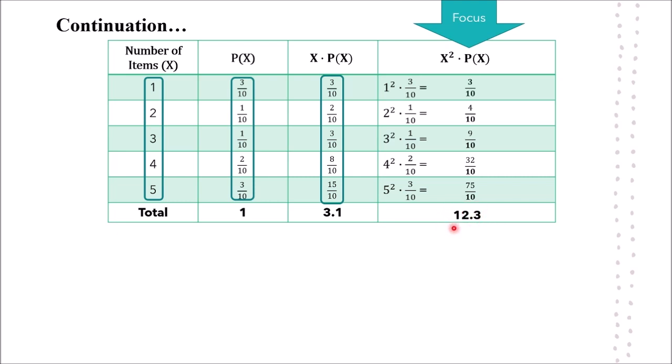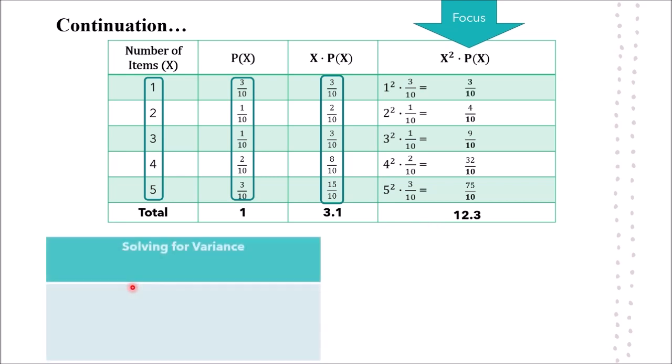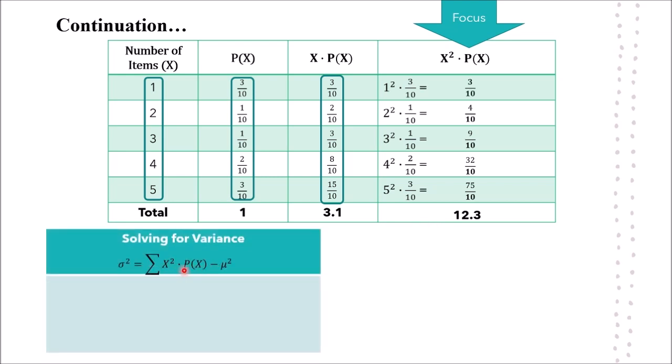We need to apply the formula in getting the variance. To solve for variance, we will be using this formula: sigma squared equals the summation of x squared times p of x minus the square of our mean. To solve, just substitute the values from the table.